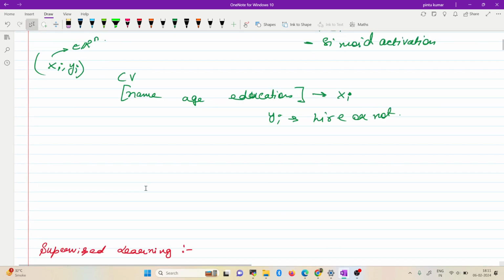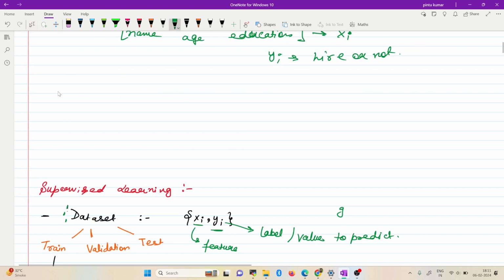Whenever you are given some set xi comma yi, the first step is that you bifurcate this data set into three parts. Anybody who has done a machine learning course would know this; I'm just covering this for others. The first part is called the train split.